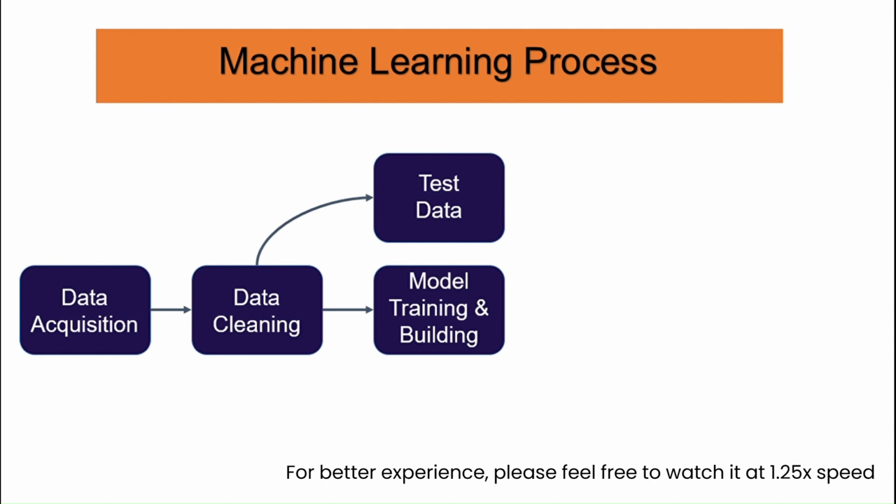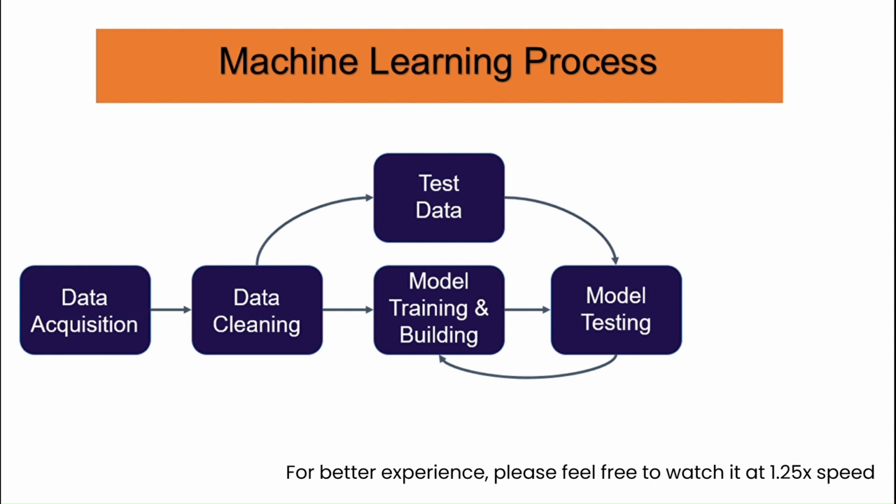Then we will use the training data to fit a model on our algorithm for predicting outcomes given a certain set of inputs. Then we will test the model using test data and evaluate its performance by comparing its derived output with actual output in the test data.